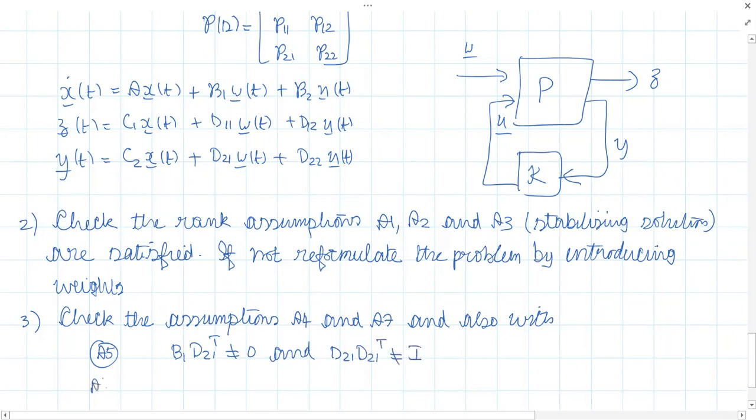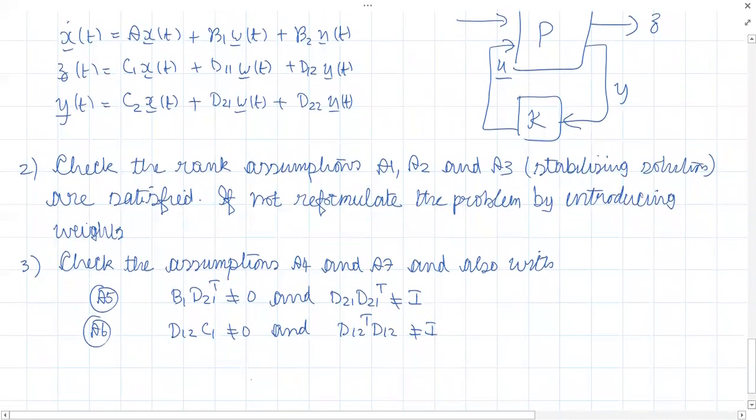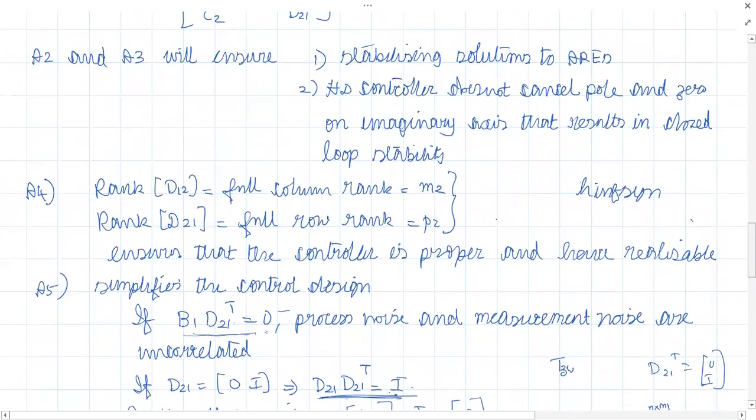And what was the A6th assumption? D12 transpose C1 not equal to 0, and D12 transpose D12 not equal to I. We need to check all these assumptions. What was the 4th one? Rank of D12 must be full column rank, and rank of D21 must be full row rank. That means rank must be equal to P2.